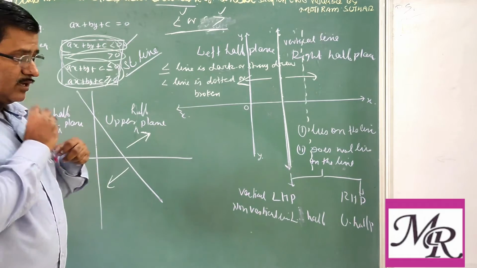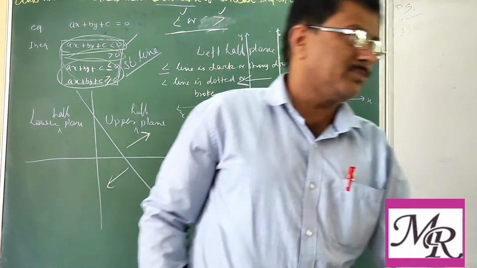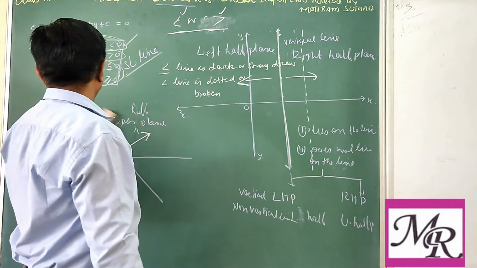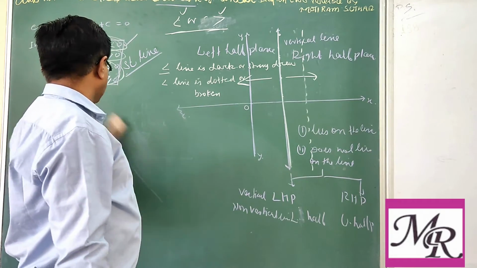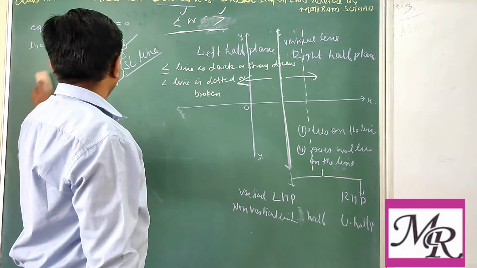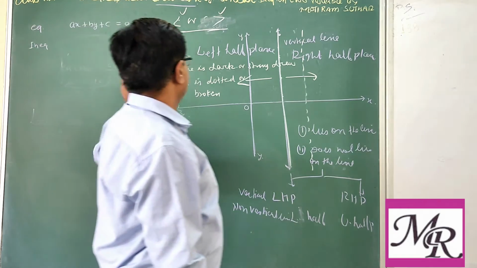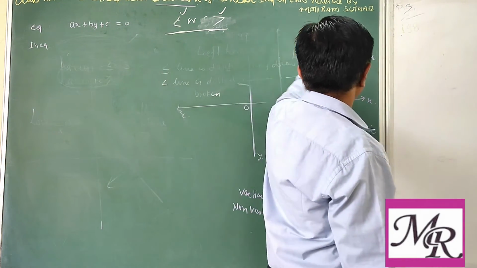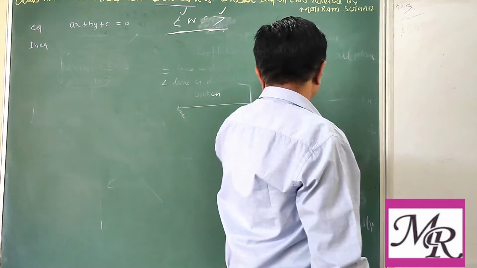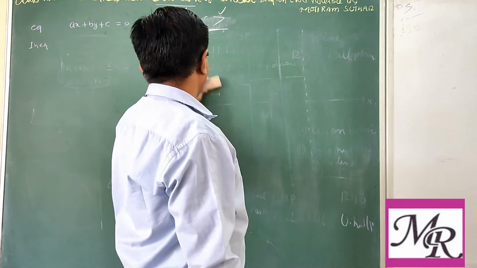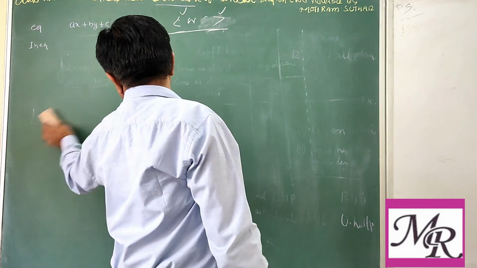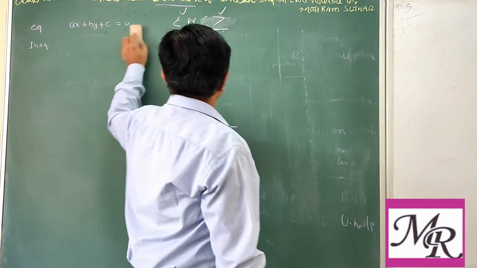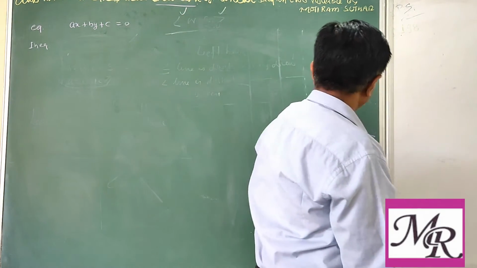Now we take very important points for the inequality, as we have already seen. The line divides the plane into two parts. Either it is vertical, then right half plane and left half plane, and if it is non-vertical, then lower half plane and upper half plane.